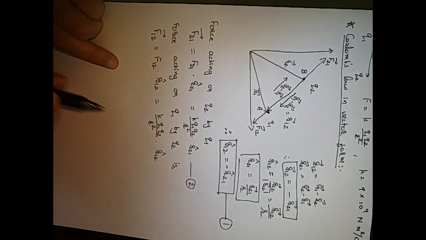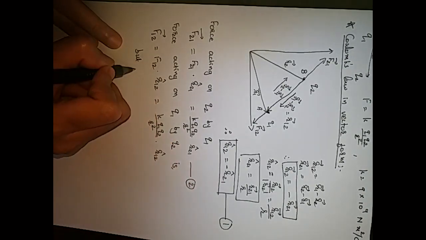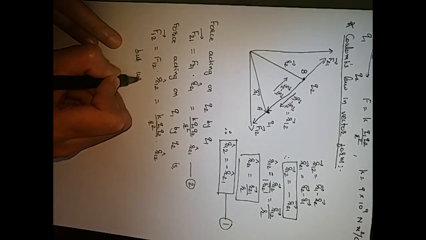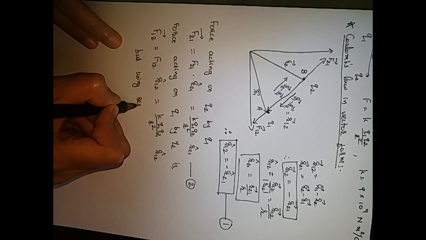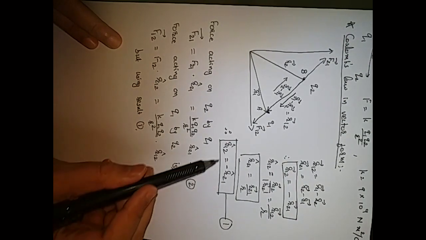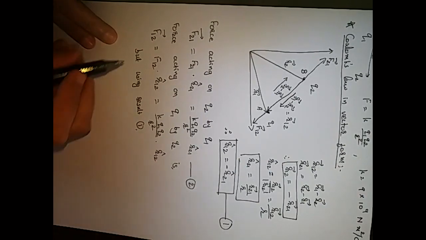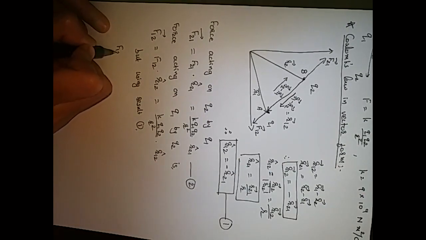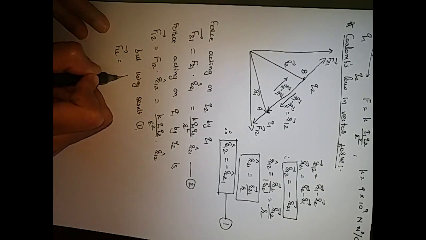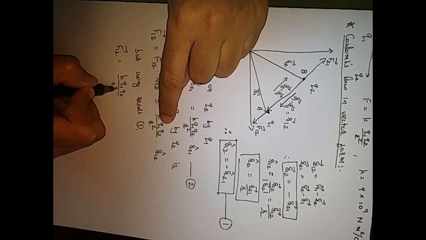Now, using result 1, what does result 1 say? Vector R12 equals minus vector R21. So I can say that vector F12 equals K Q1 Q2, this one as it is, upon R square.